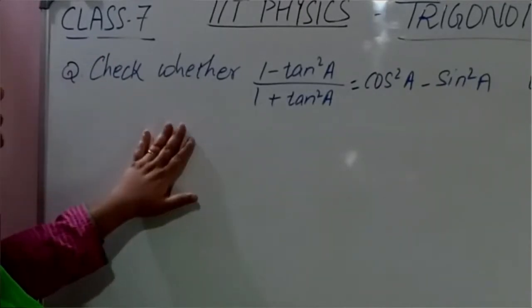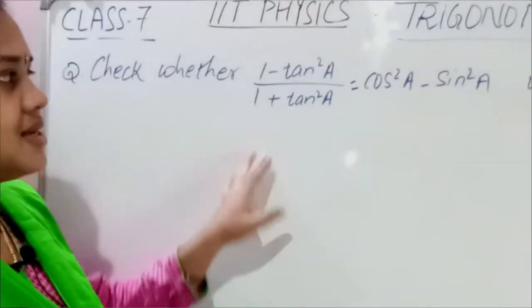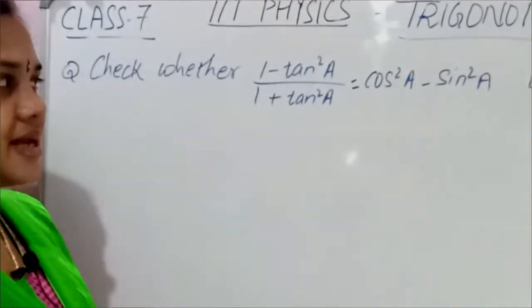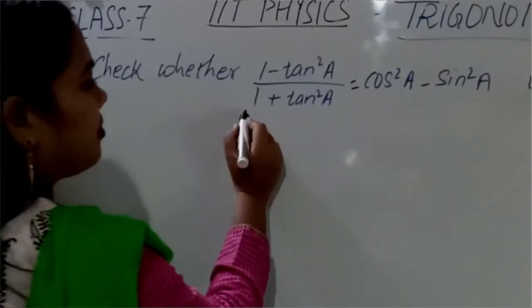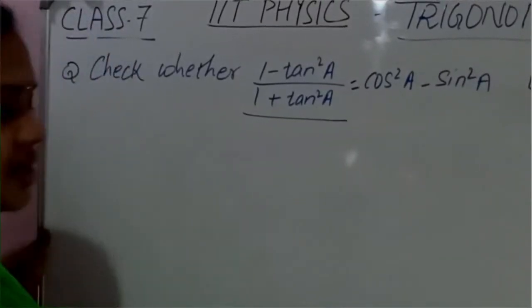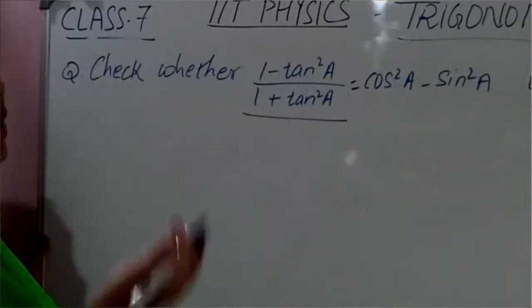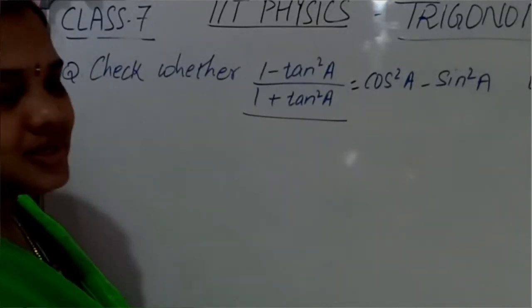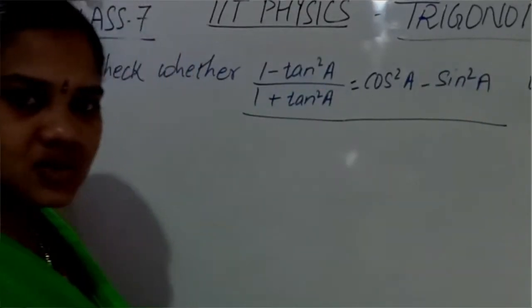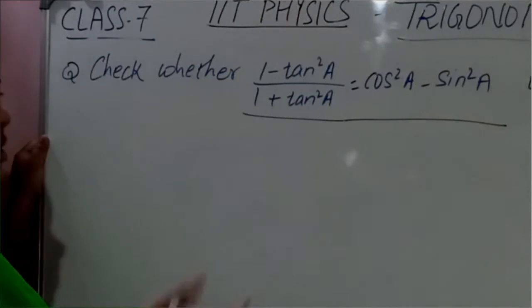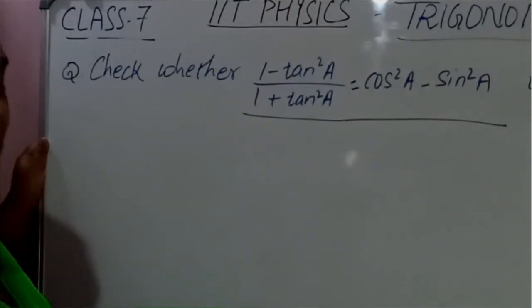Check whether (1 minus tan square a) by (1 plus tan square a) is equal to cos square a minus sin square a. Same value or not. Okay, so here what is given? 1 minus tan square a by 1 plus tan square a. A is what? A is an angle. Whether this value is equal to cos square a minus sin square a or not, we have to check.